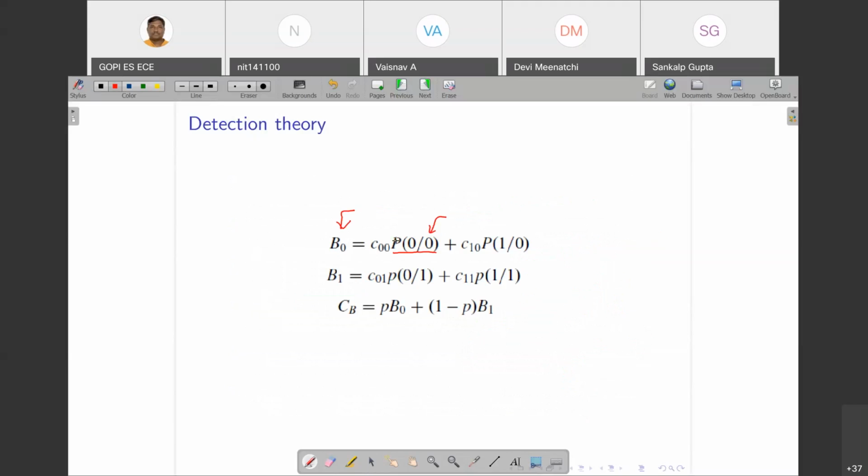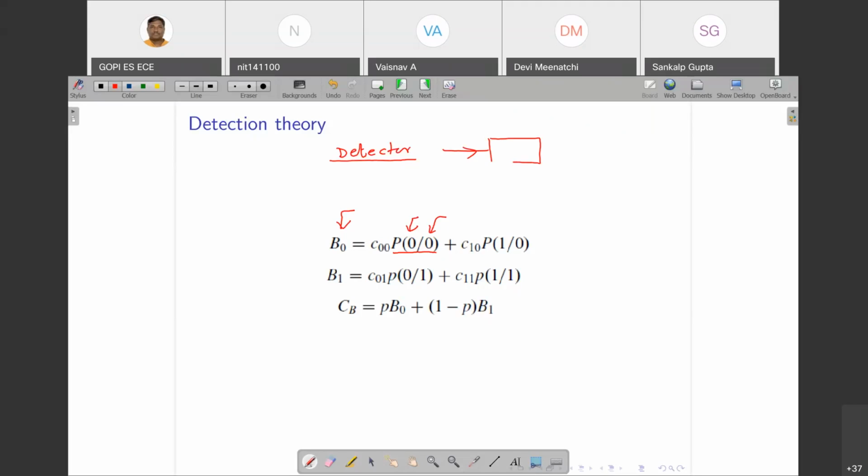You are going to assign some cost for making an error in detection. For example, when 0 is transmitted originally and you are declaring that it is 0, you have to understand this is not the raw channel matrix. Whatever I'm writing now is about the characteristics of the detector. The detector itself will have some characteristics. So what are those characteristics?